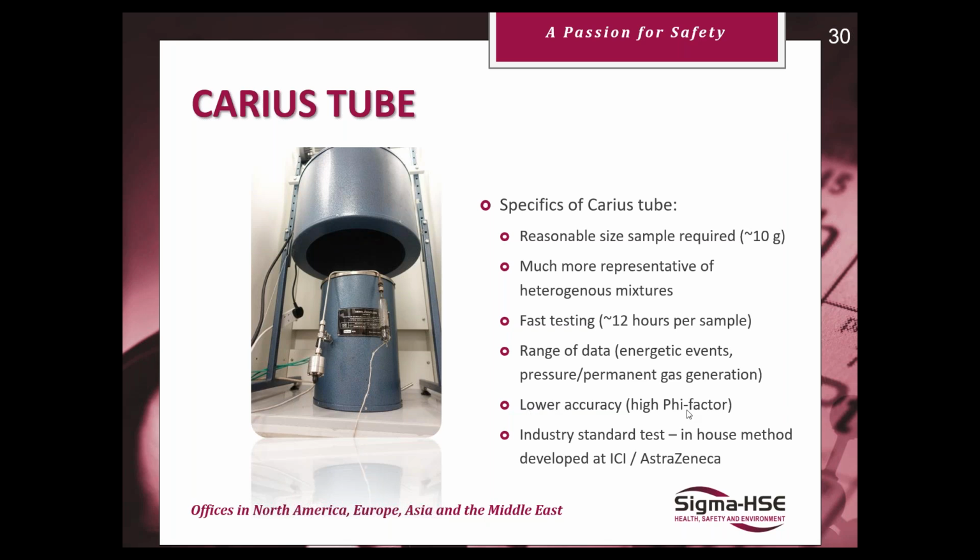Again, this is a lower accuracy test with a relatively high phi factor. That's another reason we want to use quite a large amount of sample in here, is to try and lower that phi factor. This is an industry standard test, the Carius tube. It was developed early on in ICI and AstraZeneca, and it's held its relevance in the European market at least.